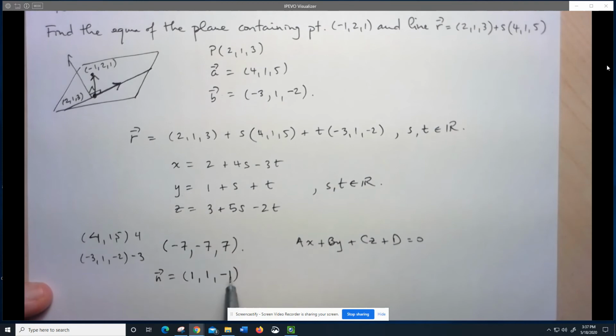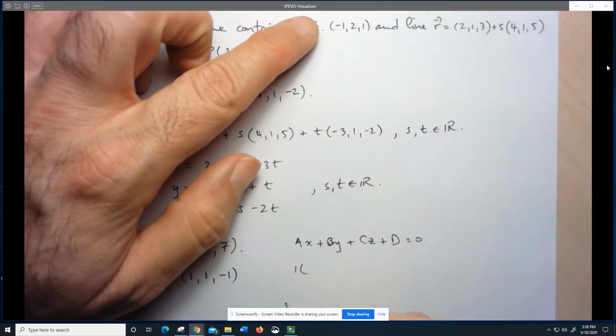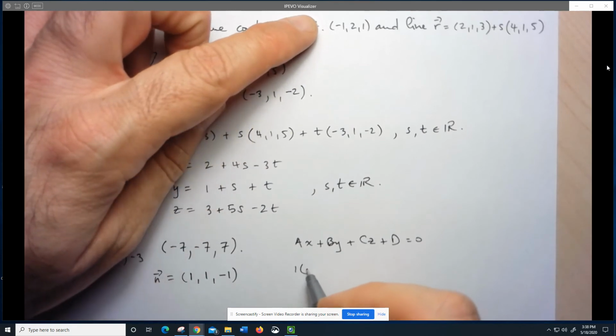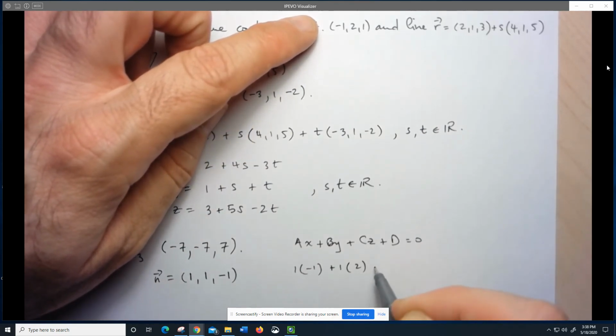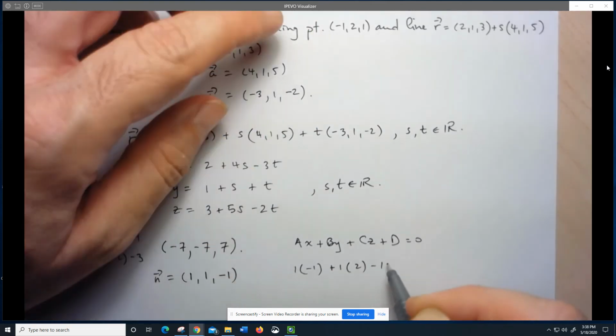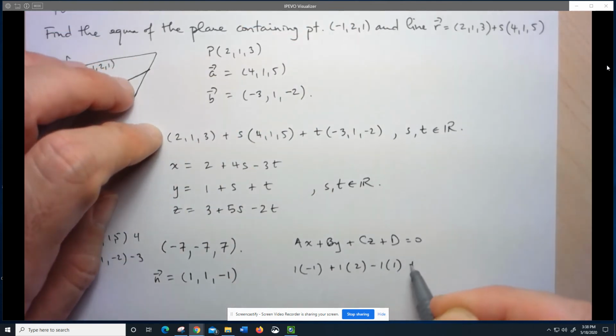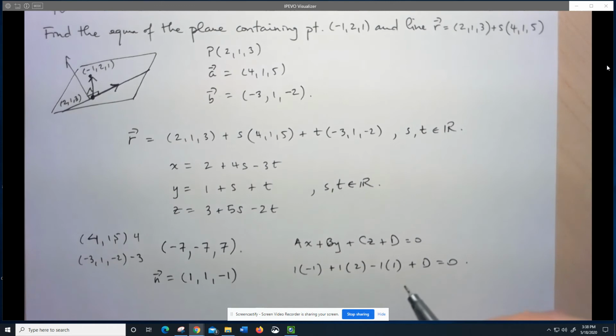So 1 times negative 1 plus 1 times 2 minus 1 times 1 plus d is equal to 0. And let's see what we get. Negative 1 plus 2 is 1, minus 1 is 0. So d is equal to 0.